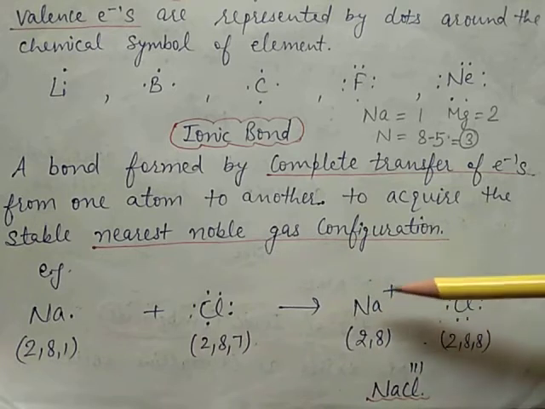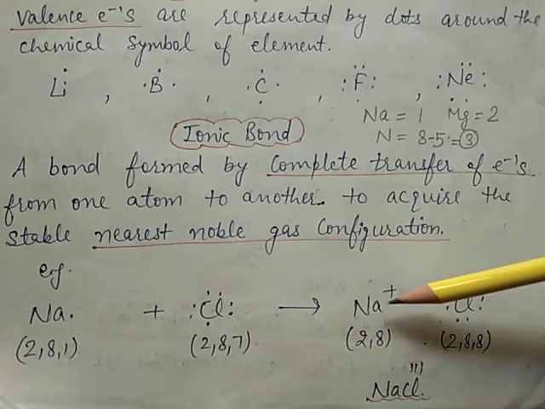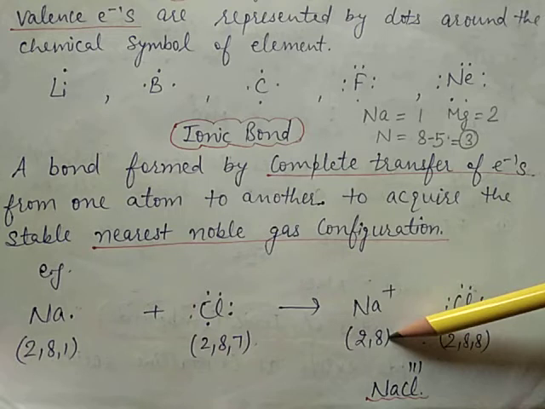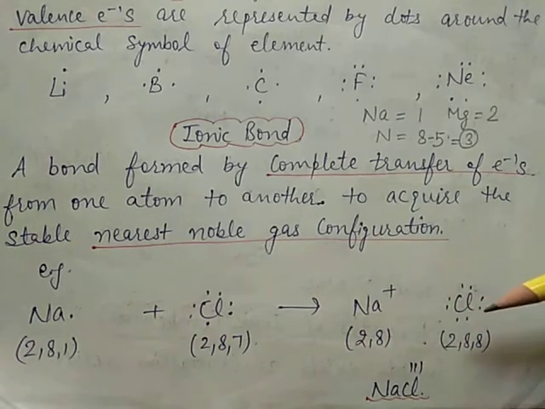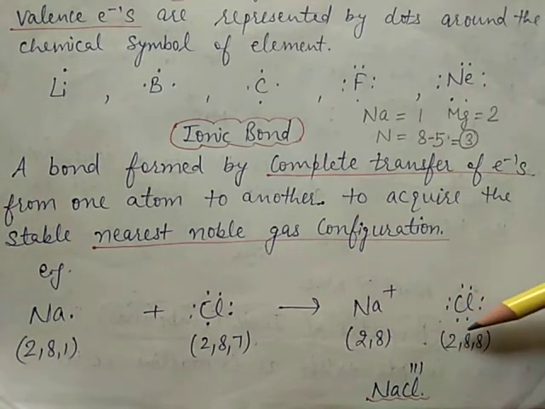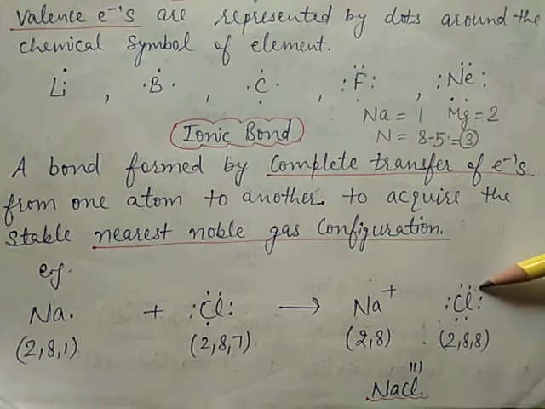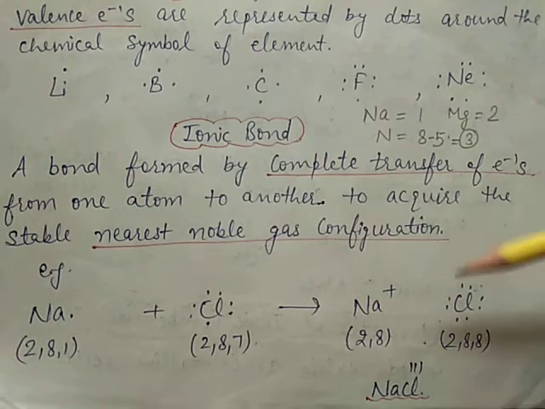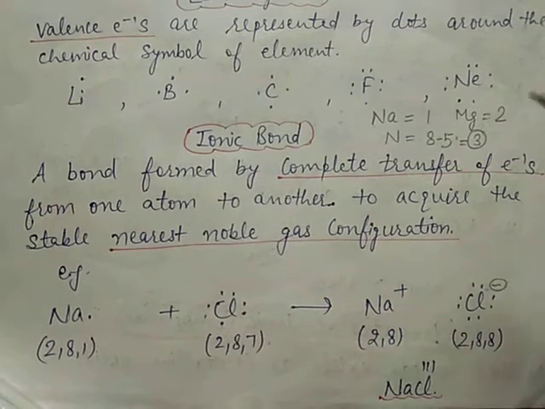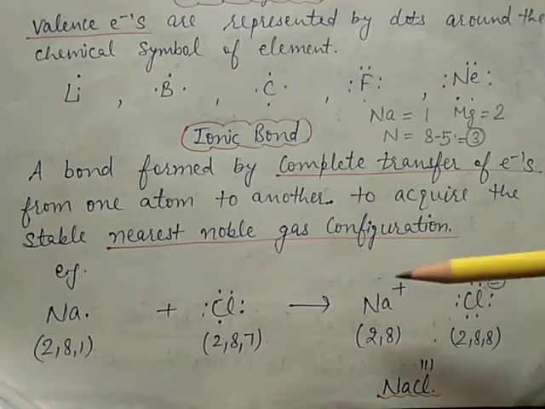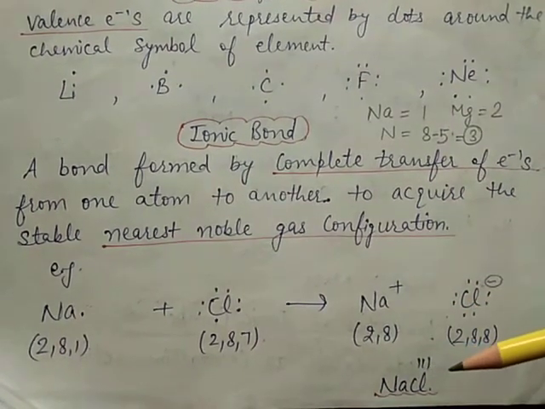Then atom A has a positive charge because it has lost 1 electron, so it becomes stable, and atom B after gaining 1 electron also becomes stable, having a negative sign. So these positive and negative charges combine to form NaCl, meaning A and B atoms.